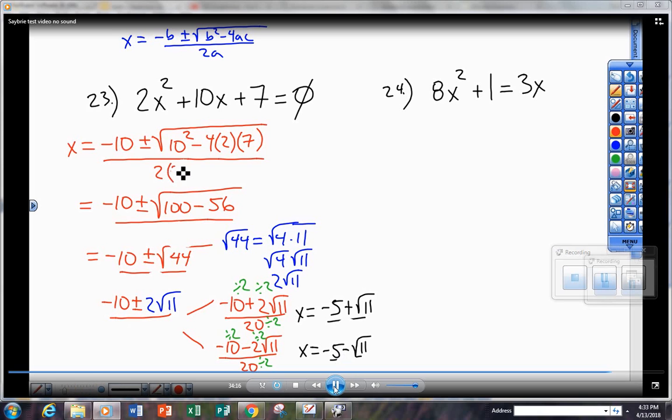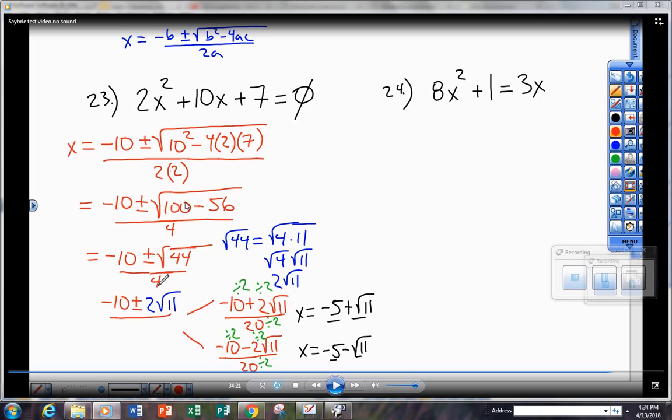So again, that's 2 times 2, which gives you negative 10 plus or minus the square root of 100 minus 56, over 4. So that ends up being negative 10 plus or minus root 44 over 4. So again, that is when I did it the right way.